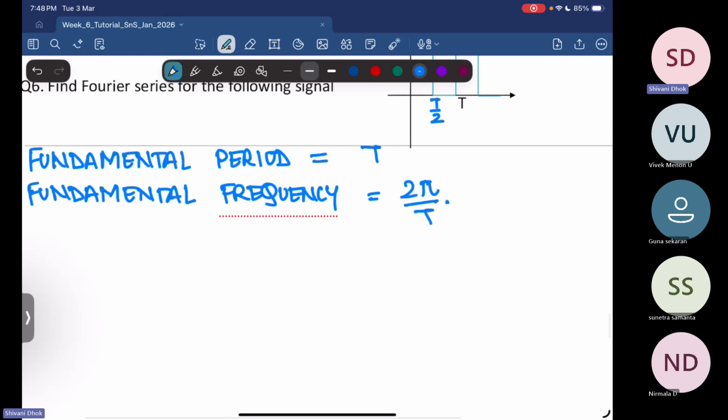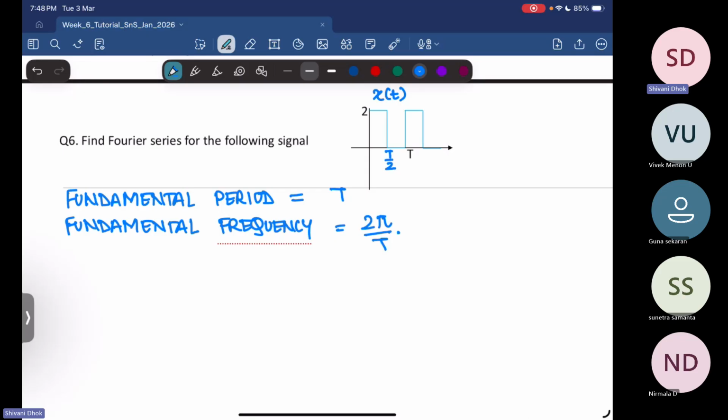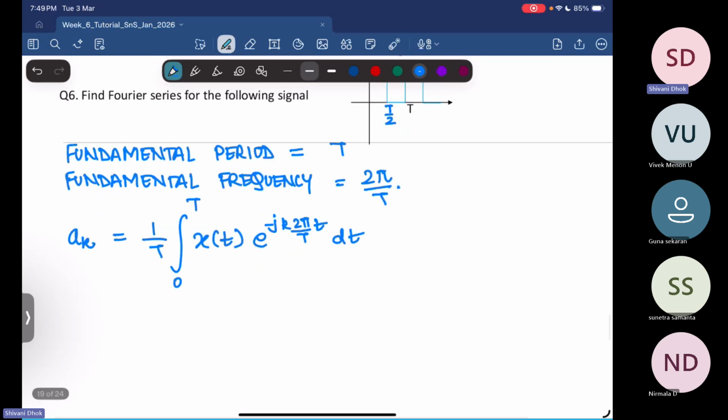So again, let's say the Fourier series coefficients of this are given by a_k. I am on purpose doing this. So this is 1 by T, integral from 0 to T. Let's write down the definition. x of t into e power minus j k 2 pi by capital T into little t dt.